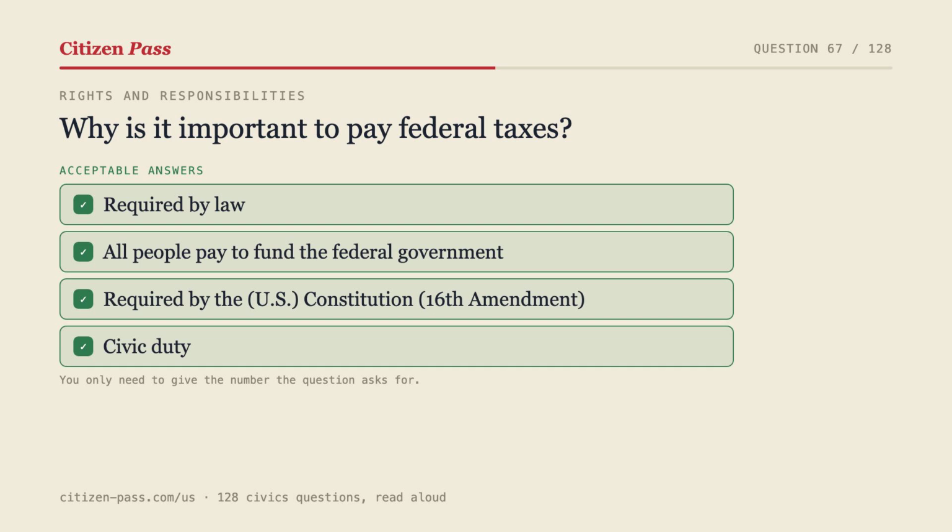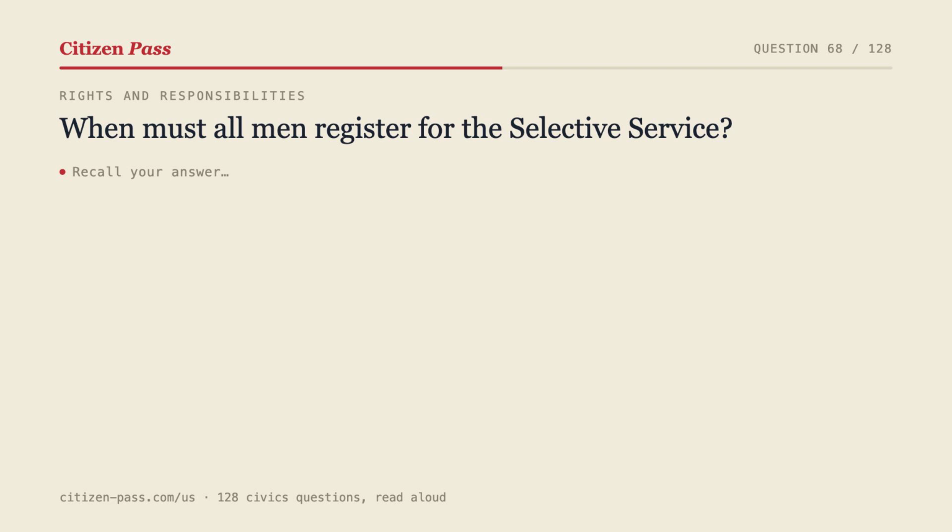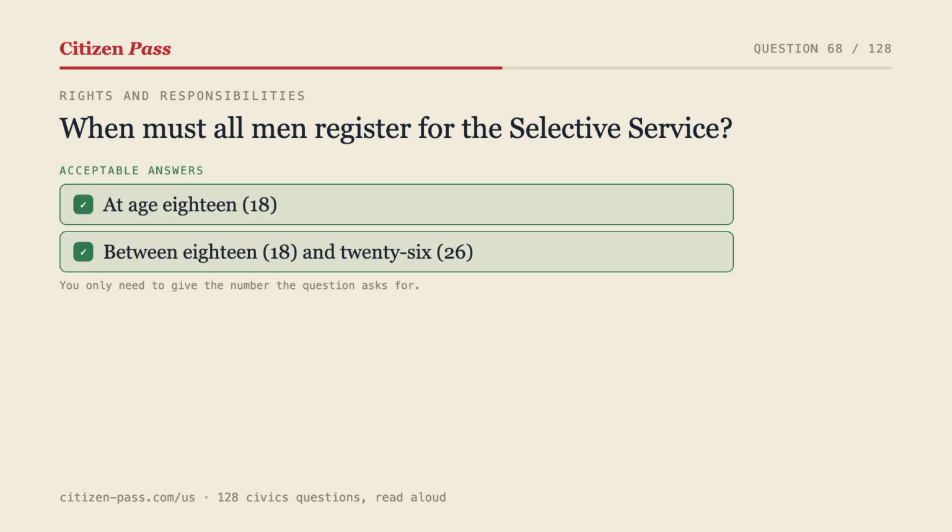Acceptable answers include required by law, all people pay to fund the federal government, required by the U.S. Constitution, 16th Amendment, or civic duty. When must all men register for the Selective Service? Acceptable answers include at age 18 or between 18 and 26.